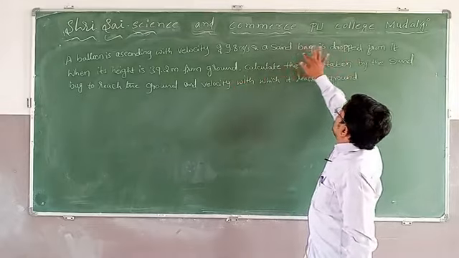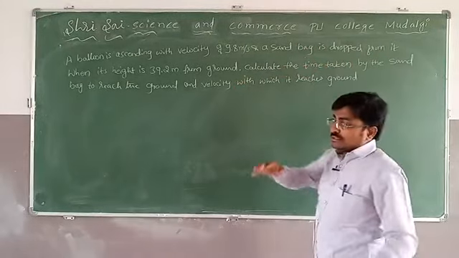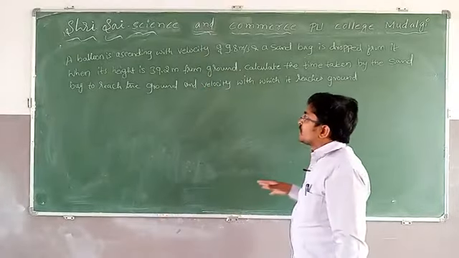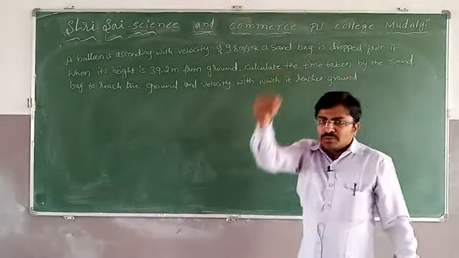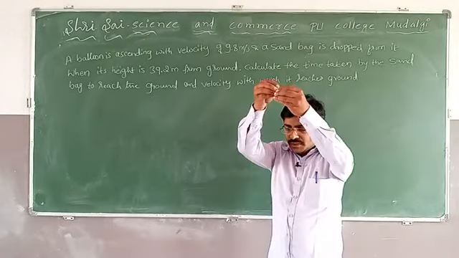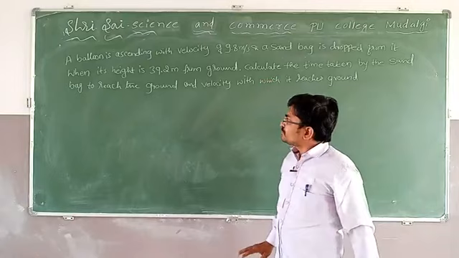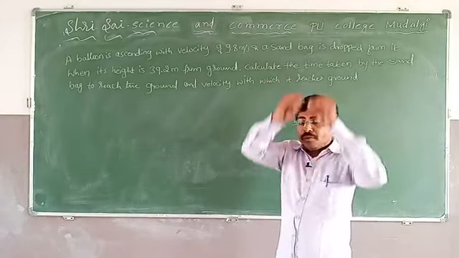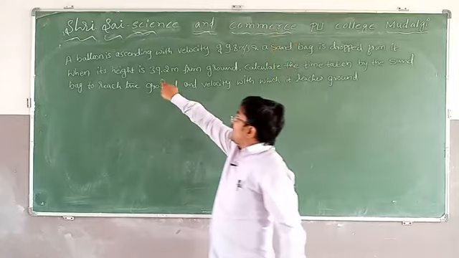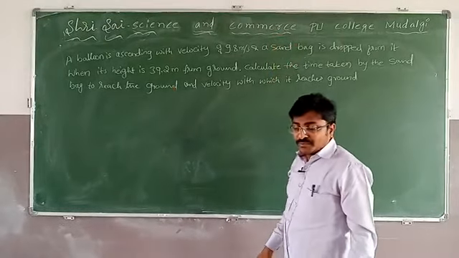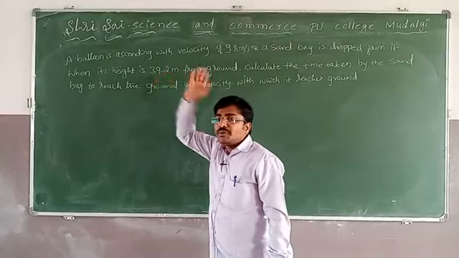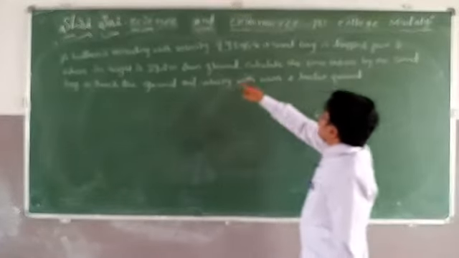And the sandbag is dropped from that balloon. If you drop the sandbag, it will come in the downward direction, directly coming down. You drop the sandbag when the balloon is at a height of 39.2 meter from the ground.